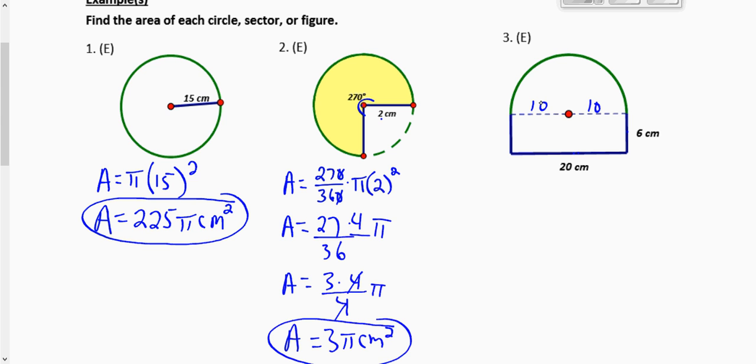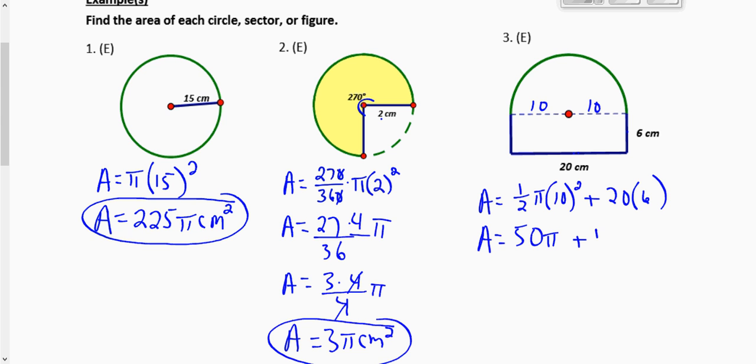So our area is going to equal the semicircle, 1/2 pi times 10 squared, plus the area of the rectangle, 20 times 6. Okay? So area equals 10 squared is 100, half of 100 is 50, so 50 pi plus 120 square centimeters.